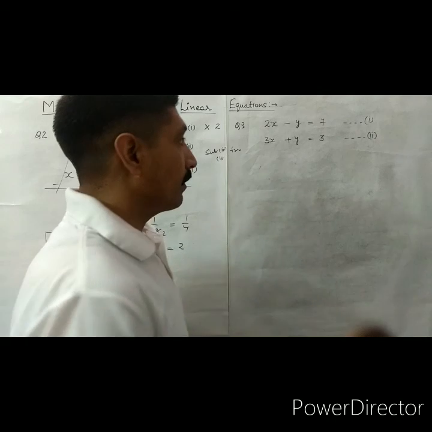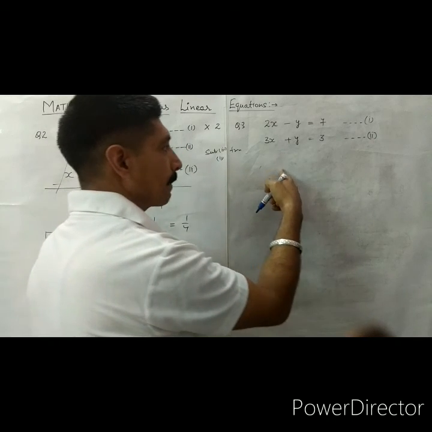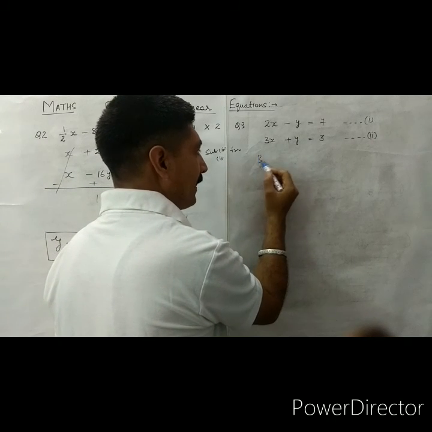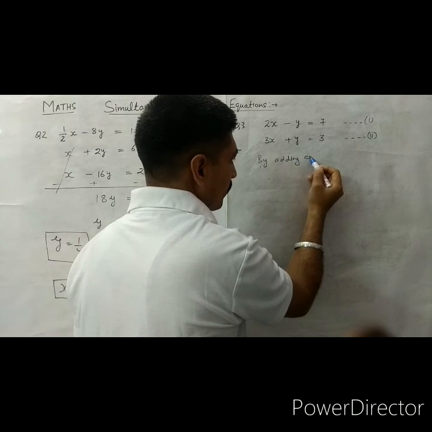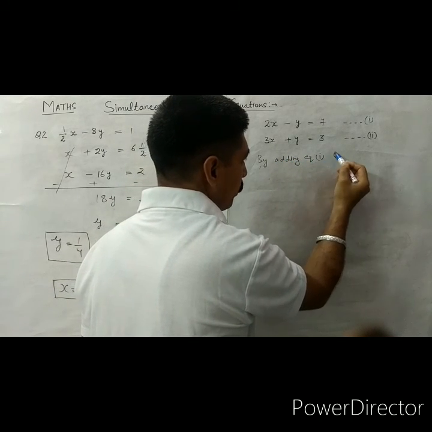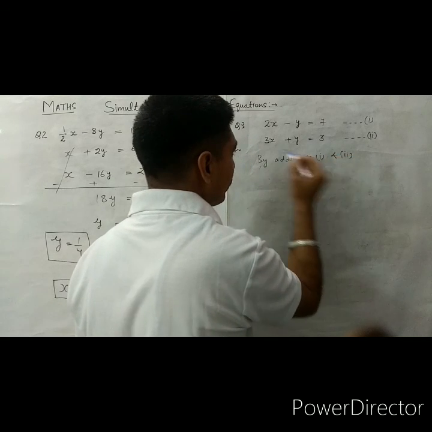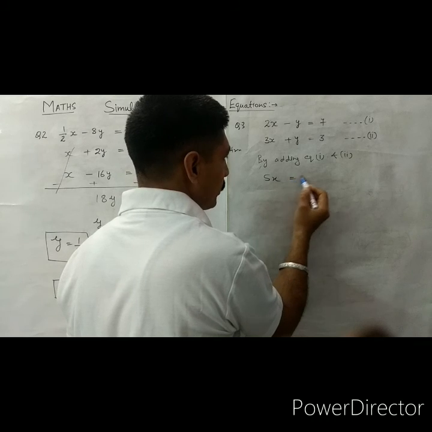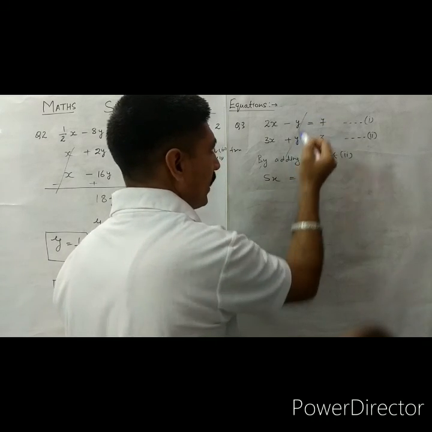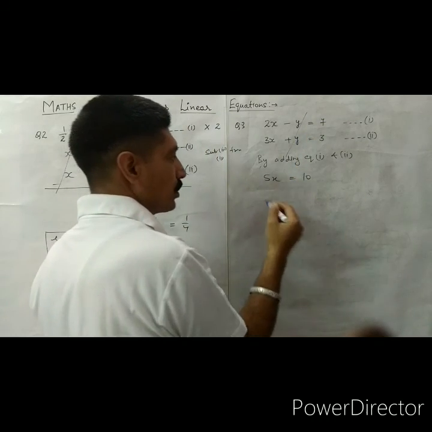So we can eliminate y by adding equations 1 and 2. We get 5x is equal to 10, because y and y will get cancelled when we add both equations.